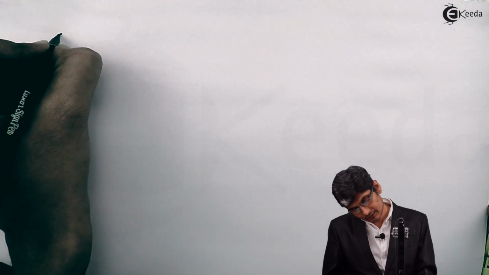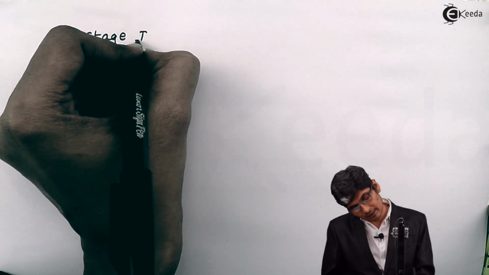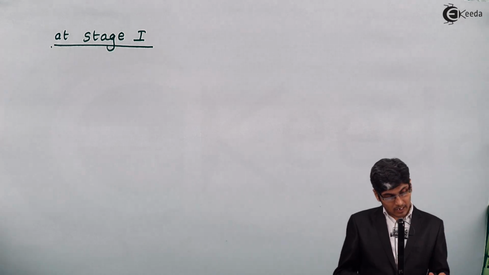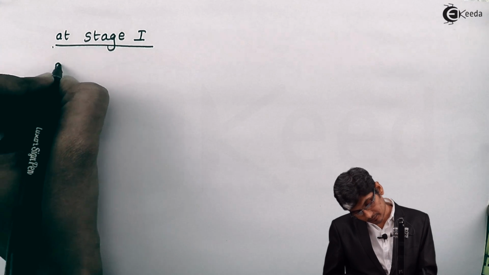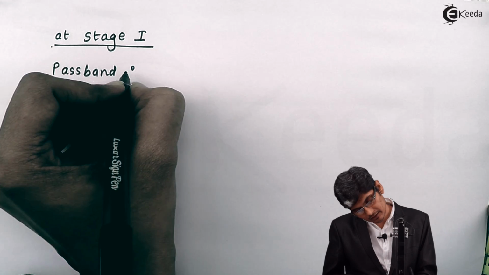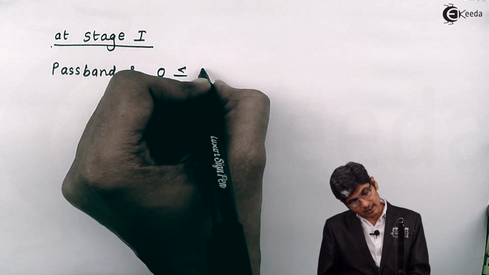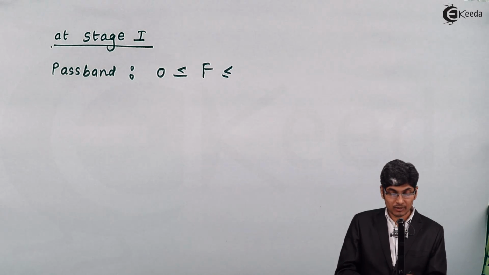Using the relation above, let's say I'm at stage 1, and my passband will be 0 less than or equal to F less than or equal to Fpc.